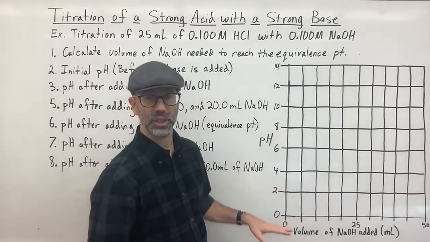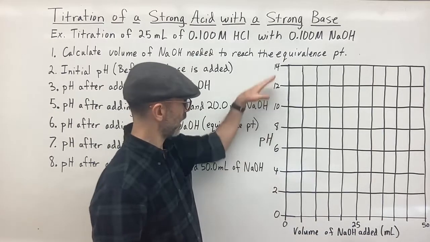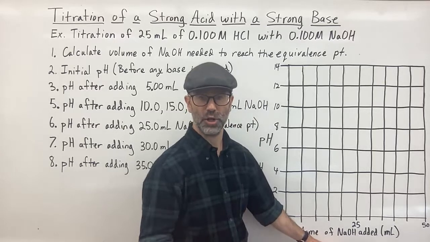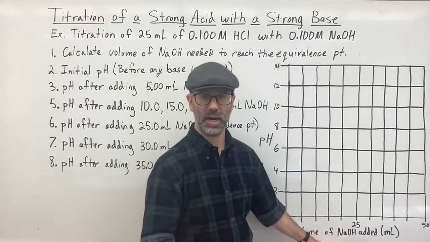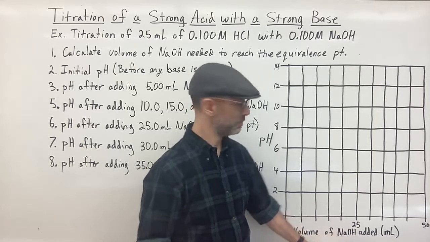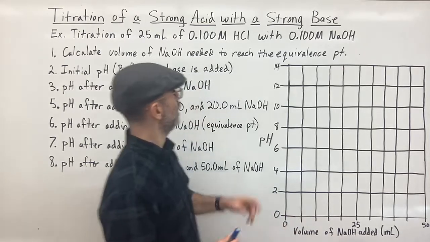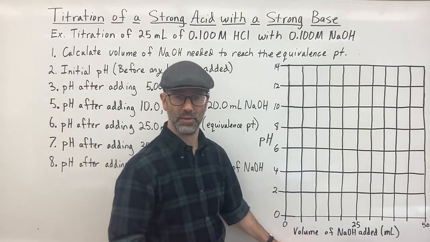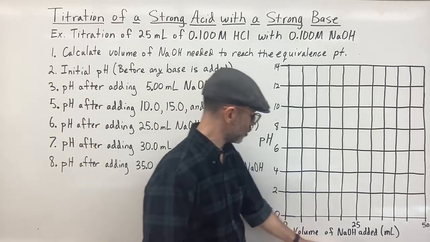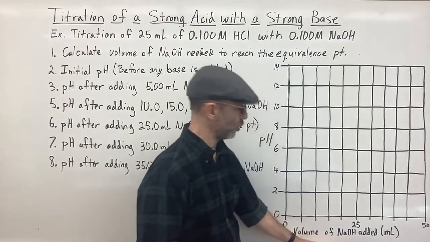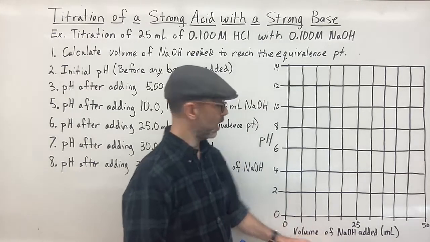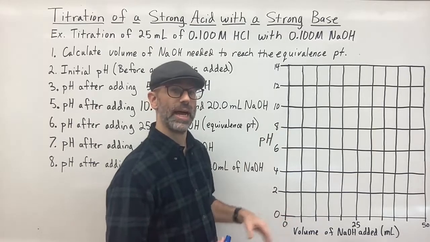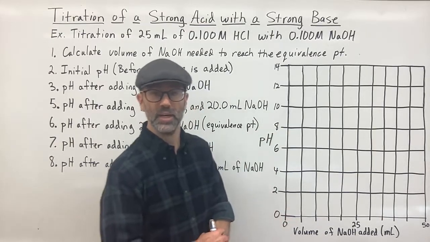So your titration curve is given in pH versus the volume of either your base or acid, depending on what you are titrating. Since we are titrating a strong acid and adding a strong base, we're going to record the volume of the base added and the pH of the solution as we're titrating.